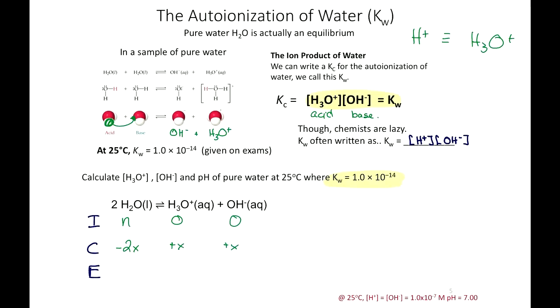Does this look any different than chapter 15? No, it doesn't. So you add up all of those columns and you get that at equilibrium, there's going to be an n minus 2x amount of water, an x amount of hydronium, and an x amount of hydroxide. What's the trick with ICE tables at this step?